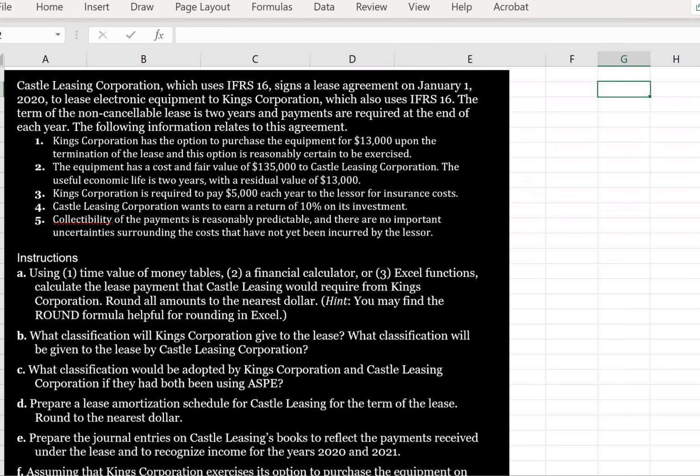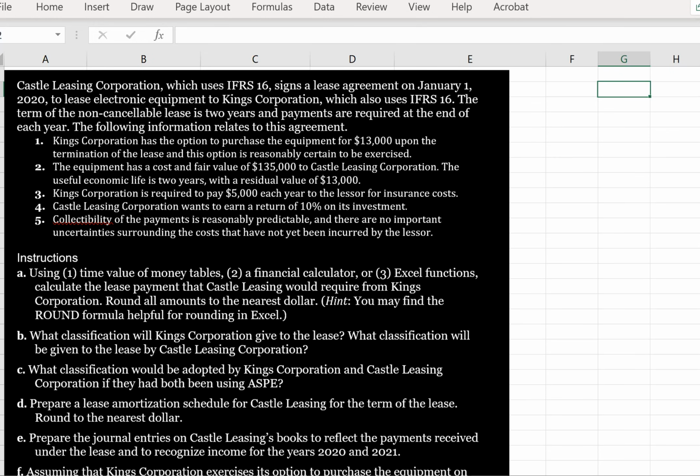King's Corporation has the option to purchase the equipment for $13,000 upon the termination of the lease, and this option is reasonably certain to be exercised. The equipment has a cost and fair value of $135,000 to Casa Leasing Corporation. The useful economic life is 2 years with a residual of $13,000. King's Corporation is required to pay $5,000 each year to the lessor for insurance costs.